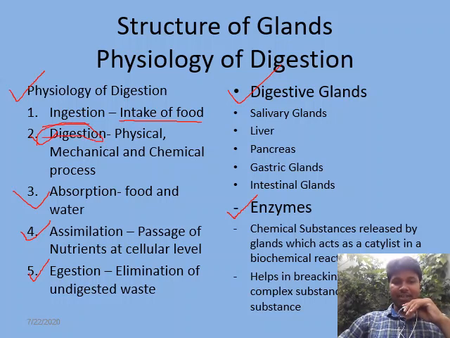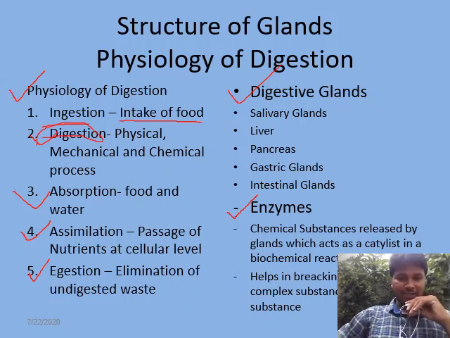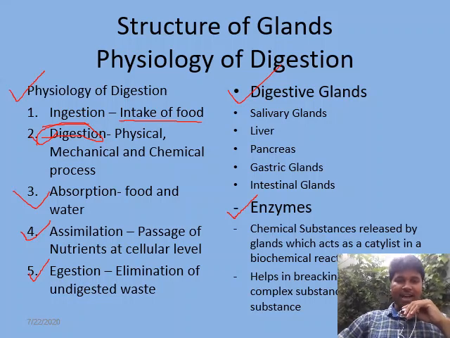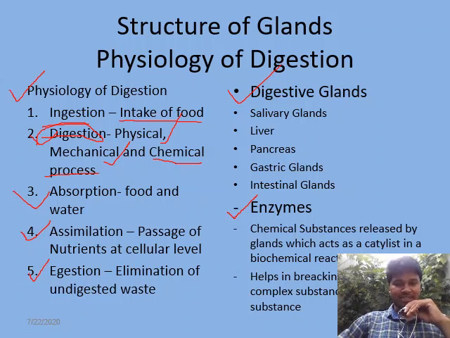Okay, here we learn about the different kinds of enzymes which are involved and their action. So food is physically and mechanically masticated, and chemically it is broken down. Okay, so their complex bonds are broken down and they convert into simple soluble substances.